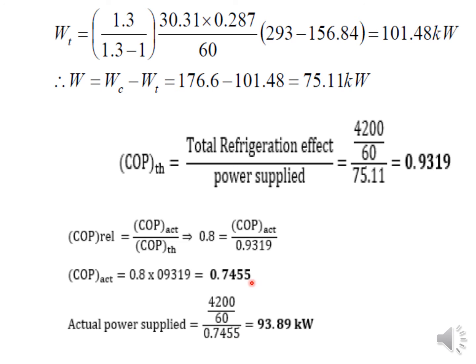Taking this term to this side, I am supplying the actual COP here instead of the theoretical COP. You will get 93.89. So in the earlier case how much did I have? 101, right? So in this it is 93. So by reducing the index, the power supplied will be reduced. This is the conclusion, and you can see the variations.